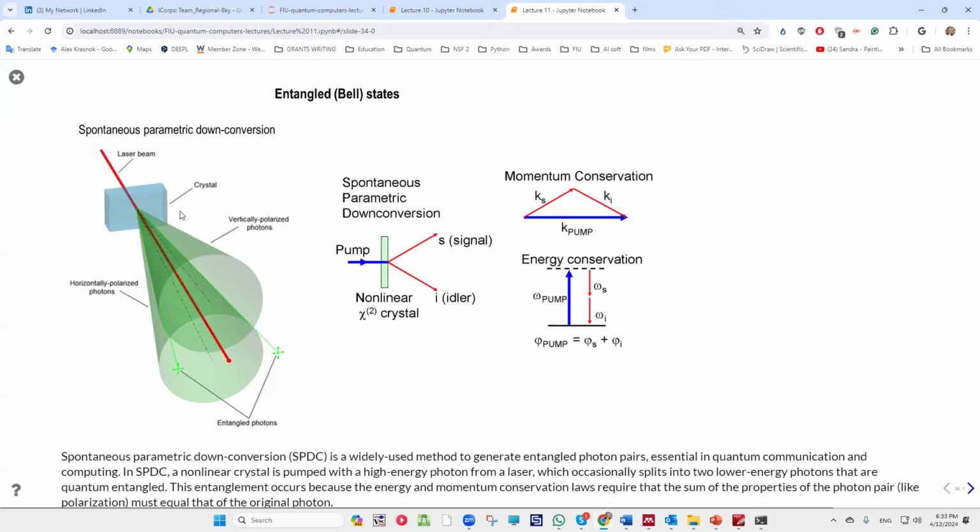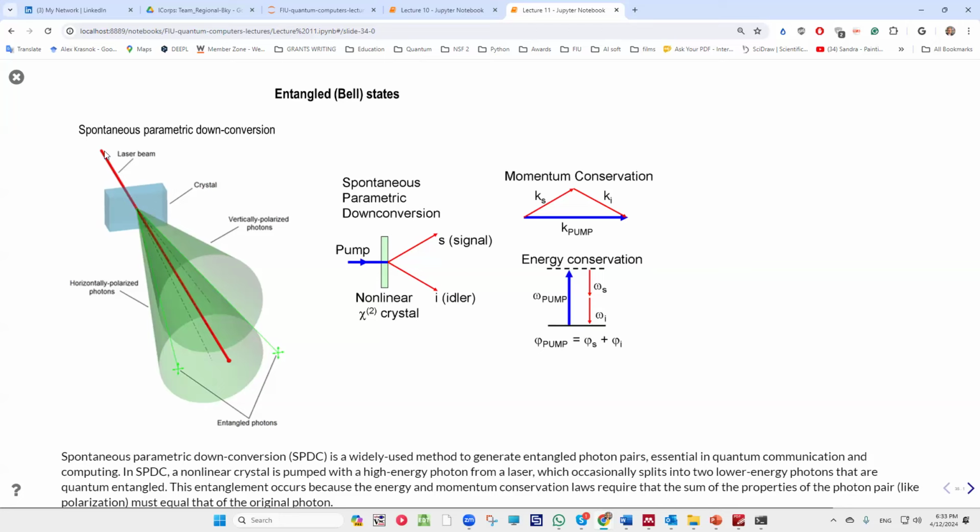So what is this about? Let's suppose we have a crystal. This crystal is strongly nonlinear, and specifically it has second order nonlinearity. Okay, so it's just one type of optical nonlinearity.